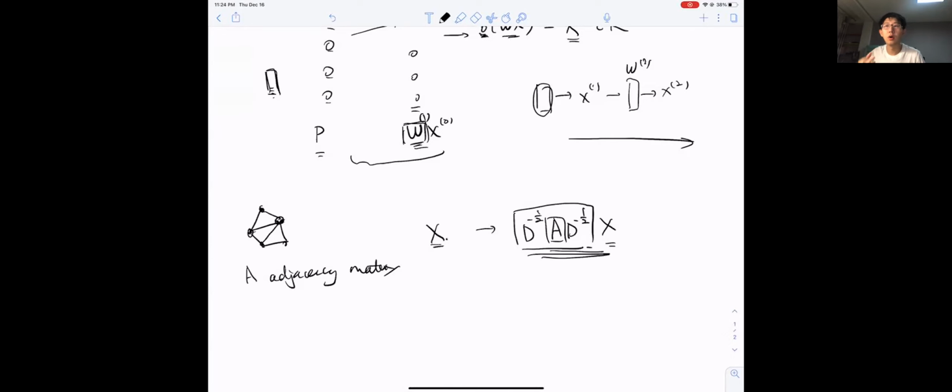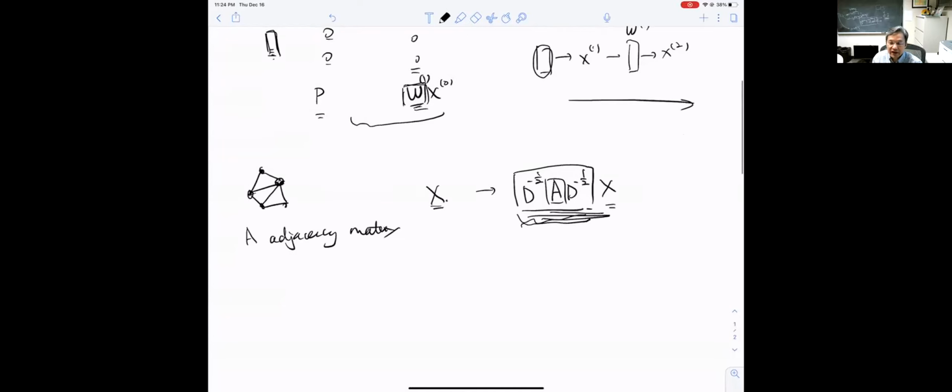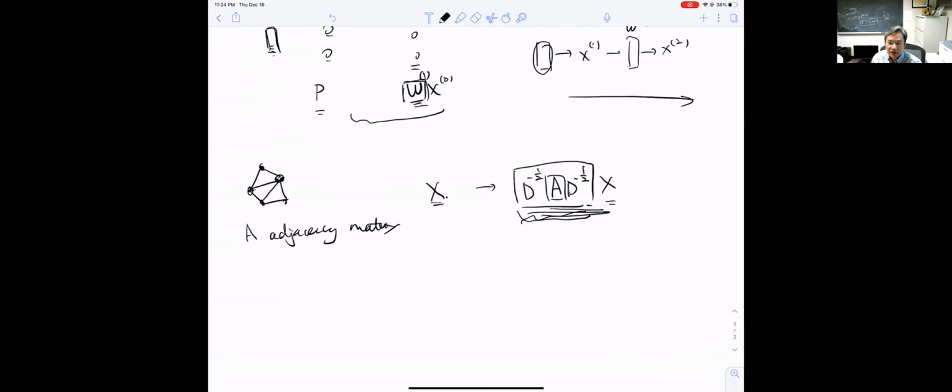You can also use other ways to aggregate and define another kind of matrix. A very popular way is to directly use this normalized adjacency matrix. This is what a graph convolutional network is. I think some imputation algorithms like MAGIC use this.